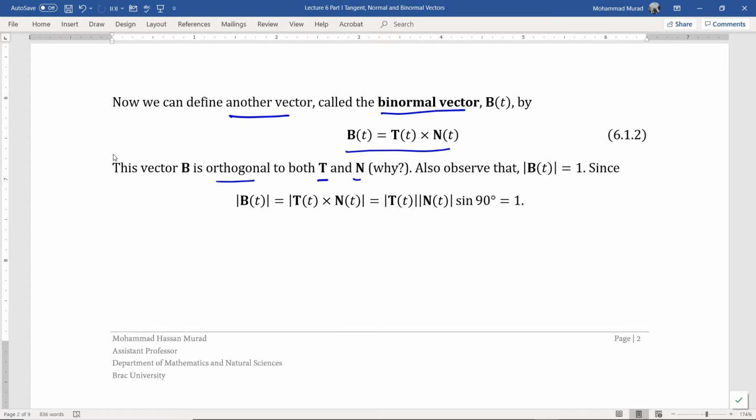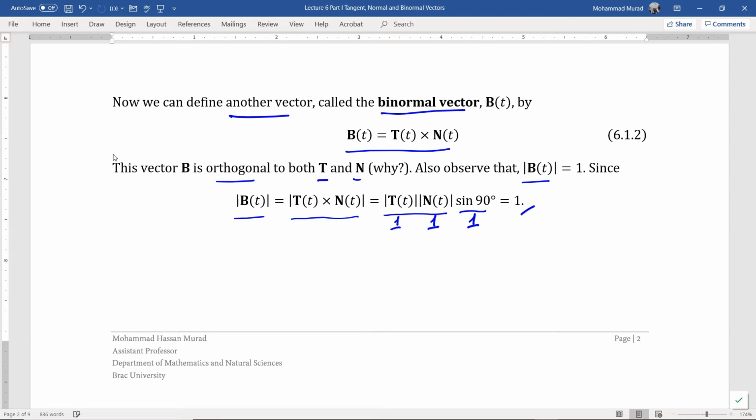Also, observe that the magnitude of the binormal vector is equal to 1, since the magnitude of the binormal vector is the magnitude of the cross product of the unit tangent vector with the unit normal vector, which can be written as the product of the magnitudes of the unit tangent vector and the unit normal vector, and the sine of the angle between the unit tangent vector T and the unit normal N. So the unit tangent vector has magnitude 1 and the unit normal has magnitude 1, and sine of 90 degrees is also 1.